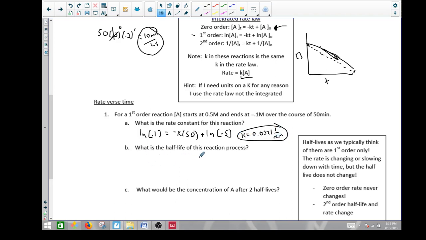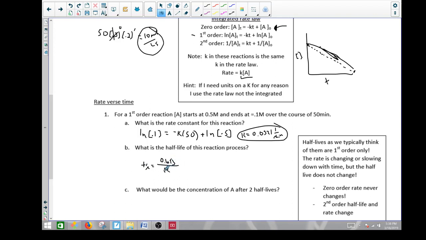What is the half-life of this reaction? So in this, you can use the same thing and go 0.5 to 0.25 and just solve for t. That will tell you the time on half. We do, however, have a shortcut because it's always the same. T1/2 is equal to 0.693 divided by k.